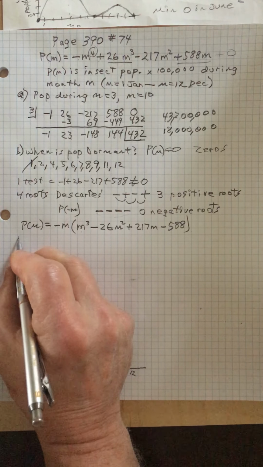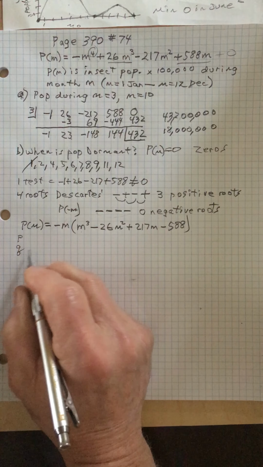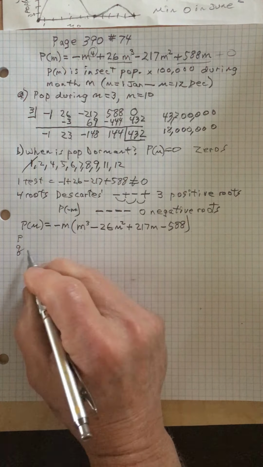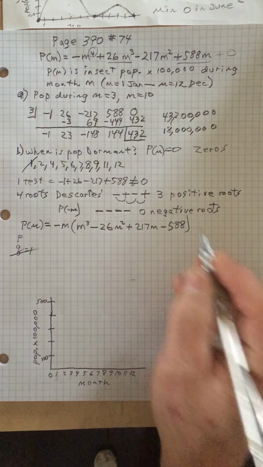And recall, we need P and Q. Q is the factor of the leading coefficient, that's 1. So it would normally be plus or minus 1, but since we're only interested in finding any of these that might be a 0, these are all positive, so Q is positive 1. And since eventually we're going to be looking at P over Q, that's just going to be P. We're dividing P by 1, so this doesn't matter.